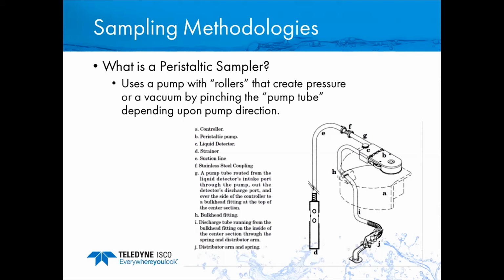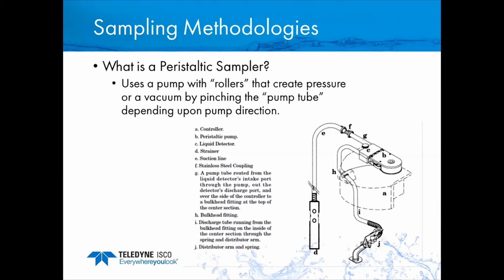You will have a strainer of some sort to prevent large debris from getting pulled into the line and restricting or blocking the intake. Of course, you have the suction line where the sample is transported from the source and delivered to the sampler. You will have stainless steel or other material couplings between the tubing.